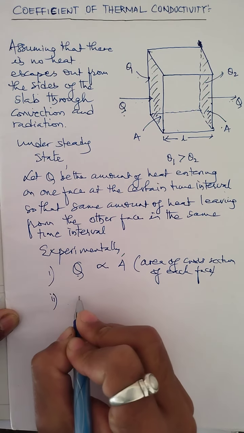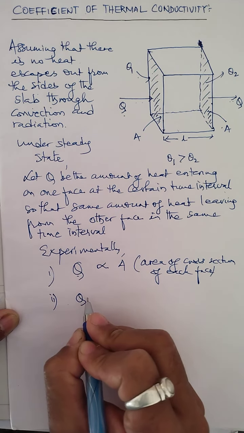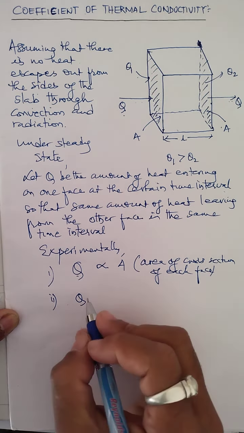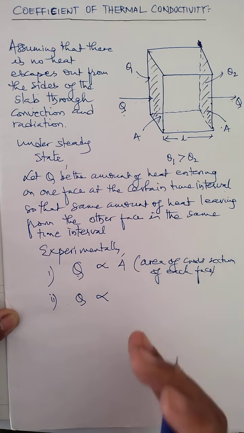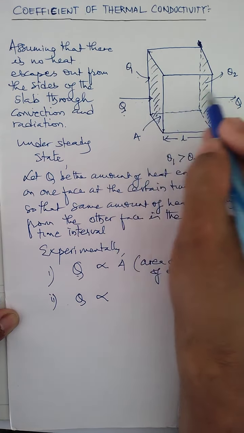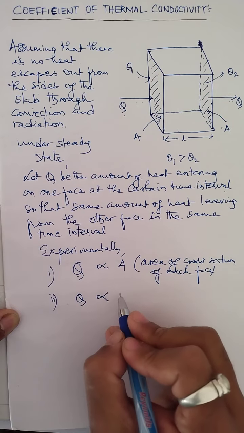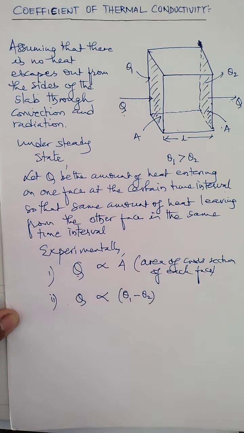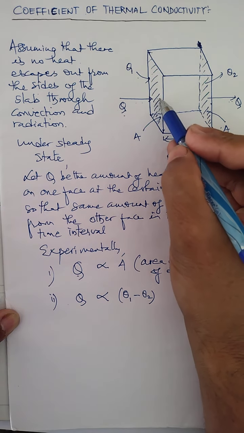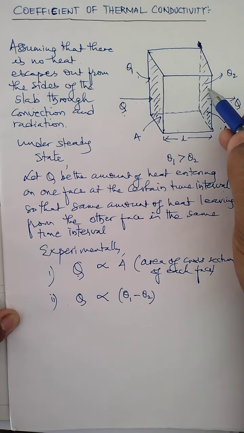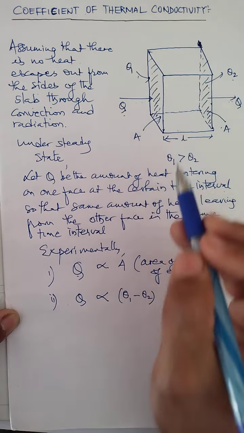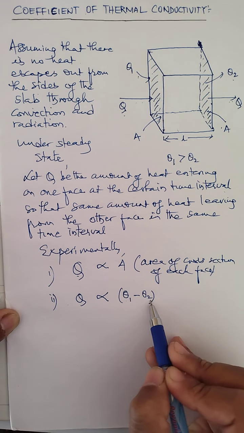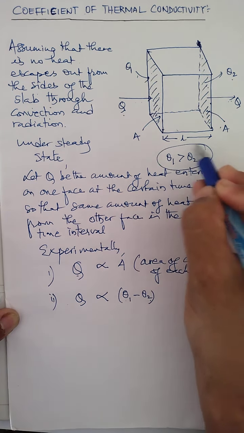In a similar manner, the quantity of heat entering or leaving from the two phases is also directly proportional to the temperature difference between two surfaces. Now that temperature difference is nothing but θ1 minus θ2. First phase has temperature θ1, second phase has temperature θ2. The difference in temperature is θ1 minus θ2, because I have already mentioned θ1 is greater than θ2.